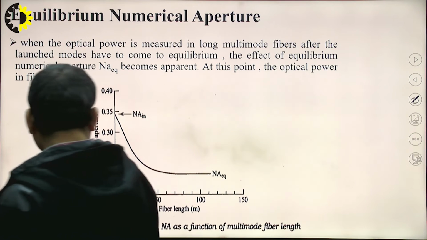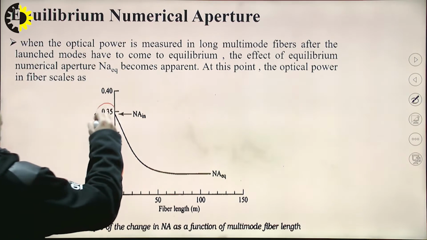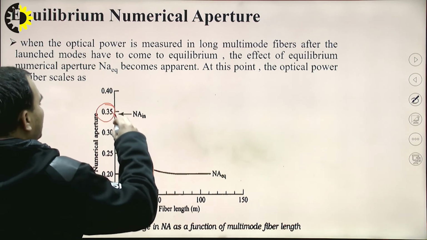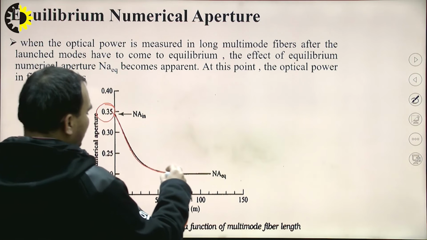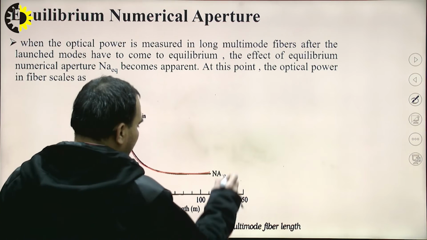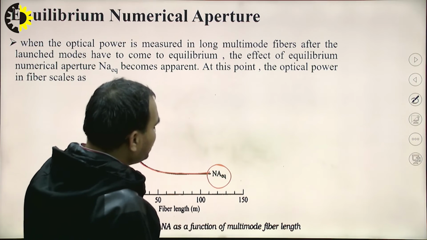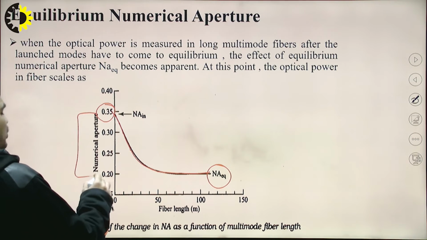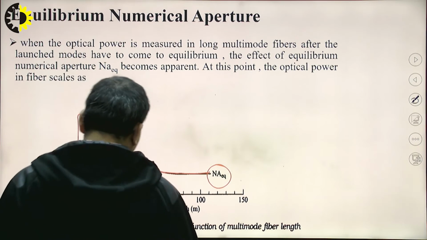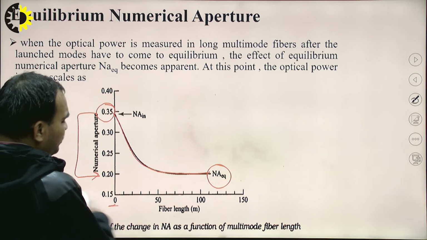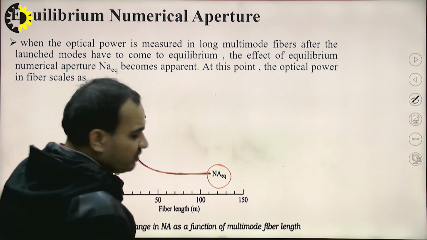We can see that the initial numerical aperture is 0.35, but with respect to the fiber length the numerical aperture decreases and comes to an equilibrium condition, or you can say a constant value, that is the equilibrium numerical aperture, and it decreases from 0.35 to 0.2. As you can see, the x-axis is the fiber length in meters, ranging from 0 to 150 meters.